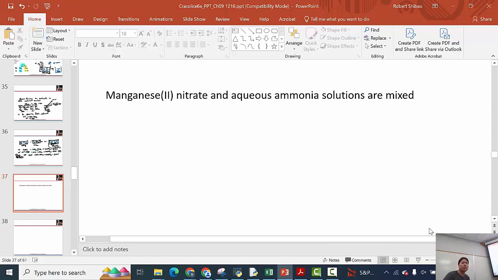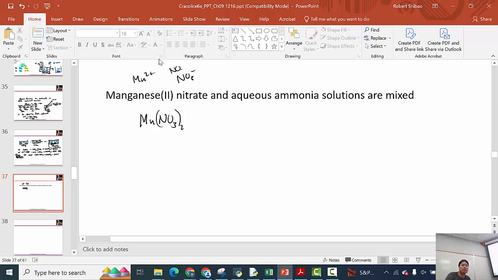So did somebody figure out the formula for manganese 2 nitrate? MnNO3 2? Okay, like this? That's correct. Manganese is Mn2 plus and nitrate is NO3 minus.